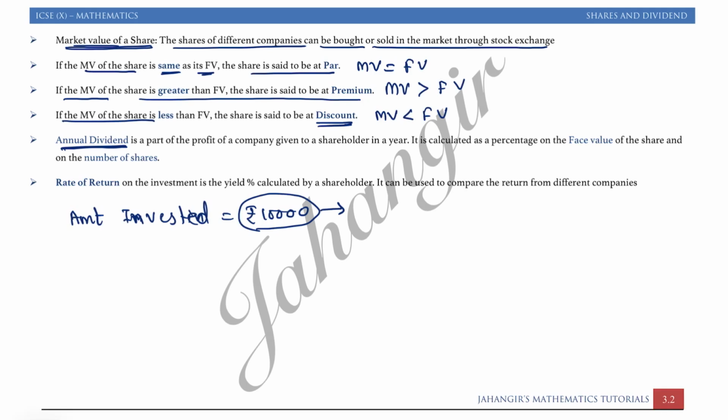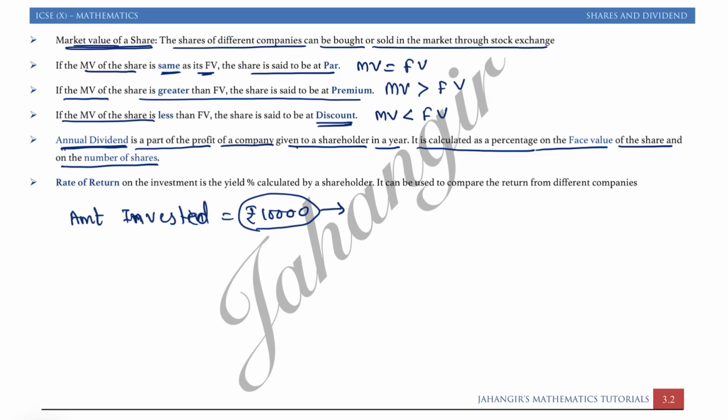So annual dividend is the part of a company's profit given to the shareholder in a year. It is calculated as a percentage on the face value of the shares and on the number of shares. So the most important part is that face value is used to calculate annual dividend. Annual dividend has another name, income.